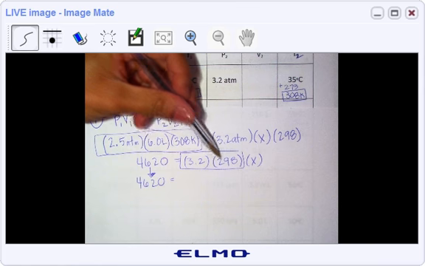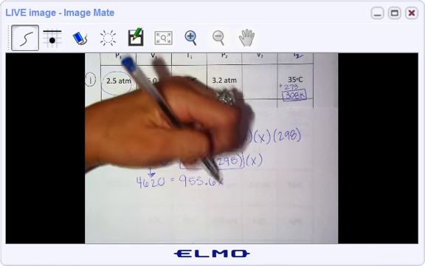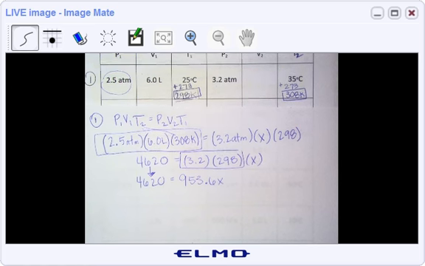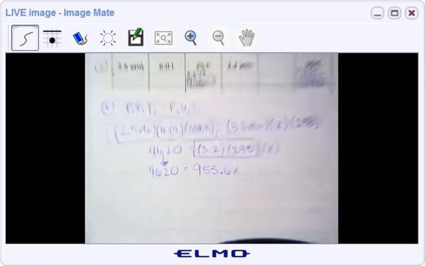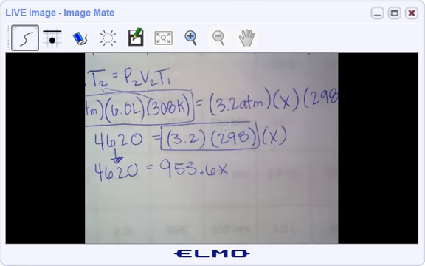When I multiplied these two, I got... we need to isolate that x all by itself. I'm going to zoom in. How do I get the x all by itself?